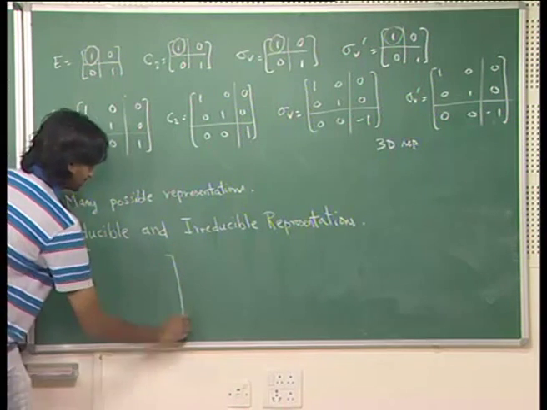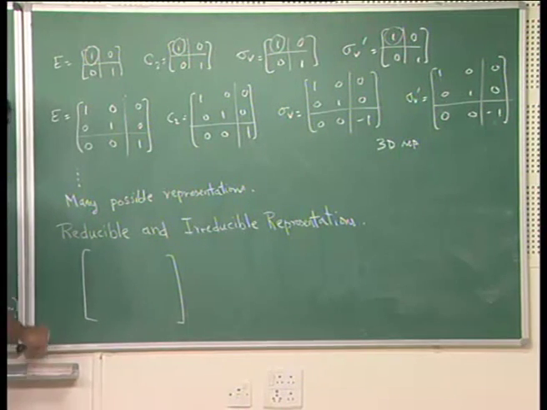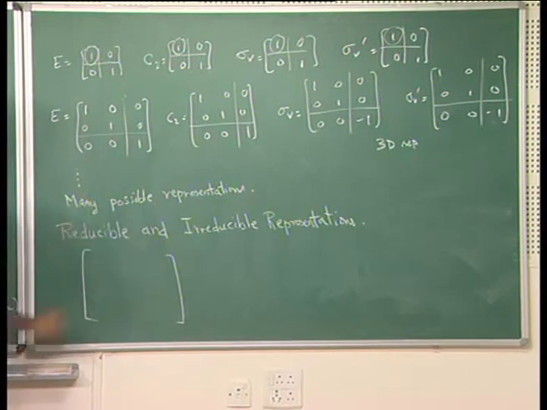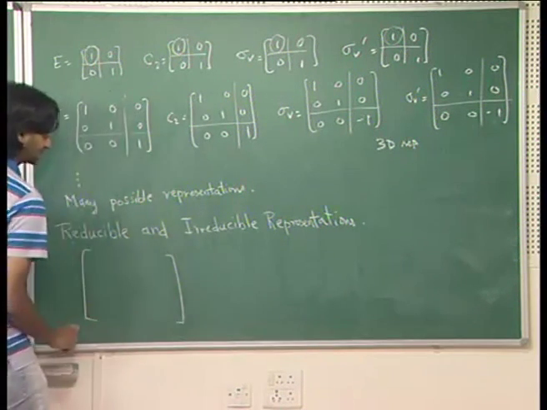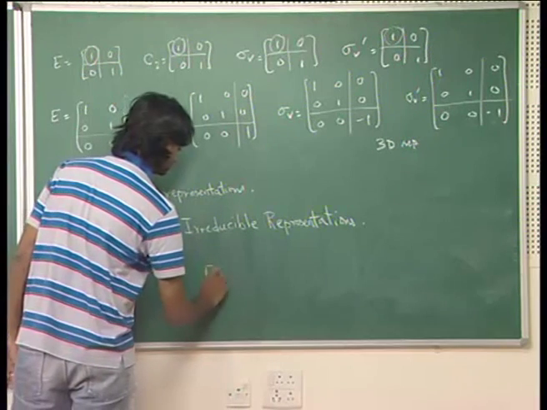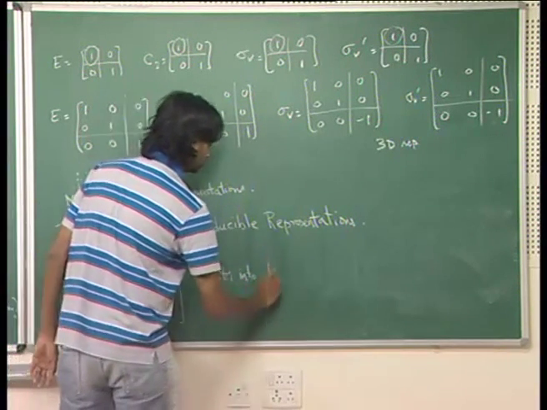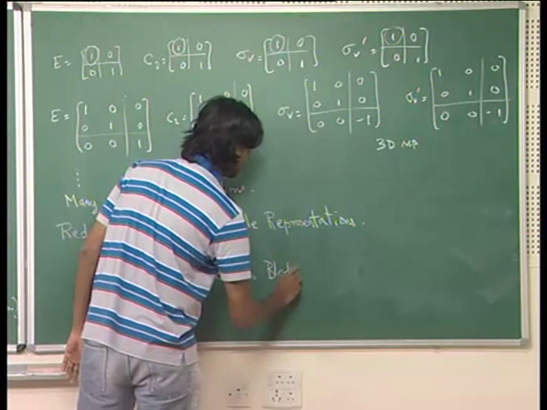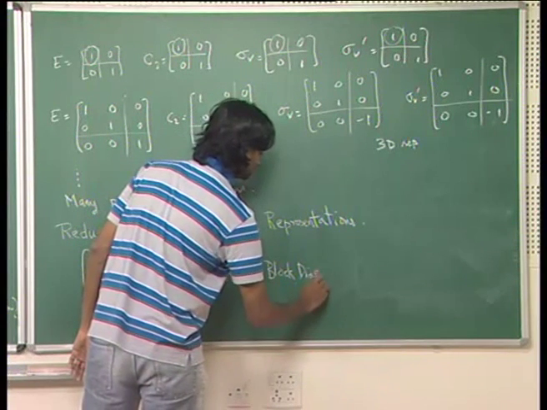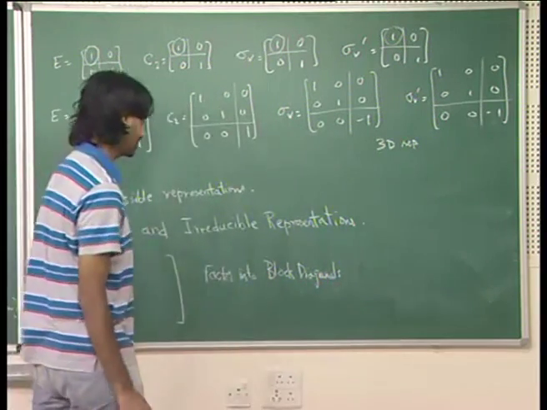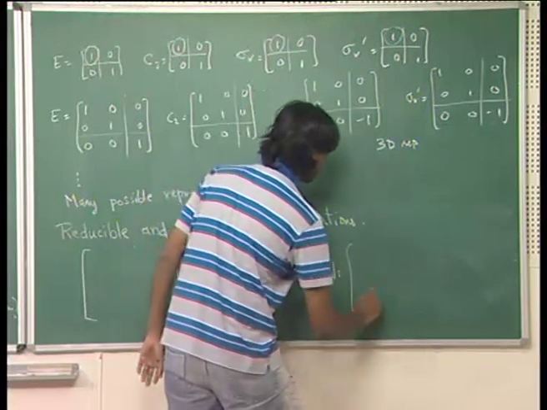Okay. So the way to do it formally is to see that, suppose you had a general representation, okay, and you keep trying to factor it into block diagonal form, then you will get something that looks like this.